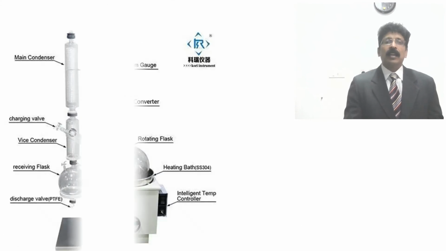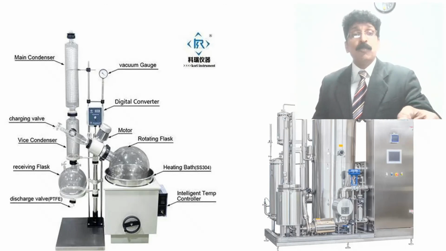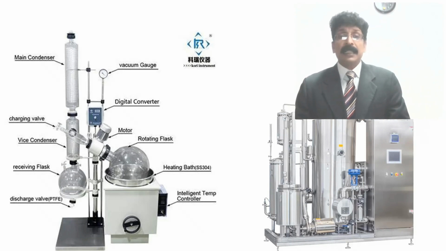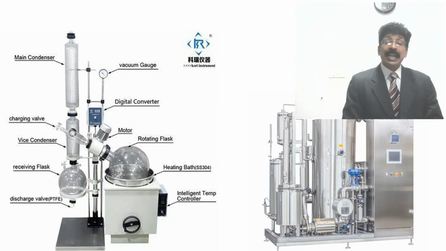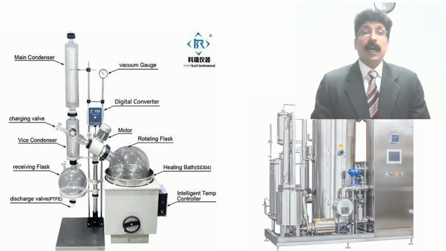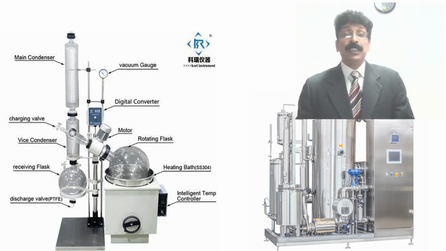This is an apparatus which shows vacuum creating. You can see the mantle, heating bath, rotatory flask, which is connected with a motor and a digital converter, and a vacuum gauge which is connected to the round bottom flask.